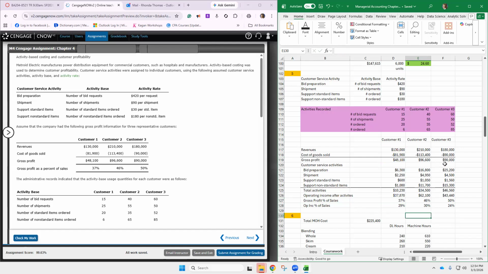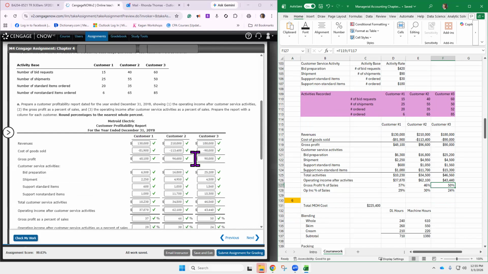So if you didn't know anything else, gross profit is the highest for customer 2, but the percentage of sales is highest for customer 3. That's all we know by just evaluating percents of sales and so forth. Now let's do some customer service activities, right?